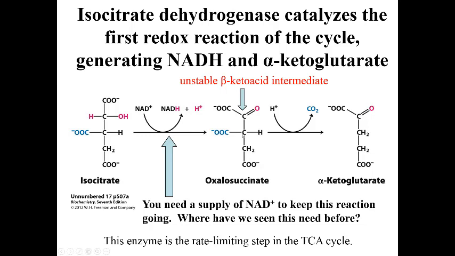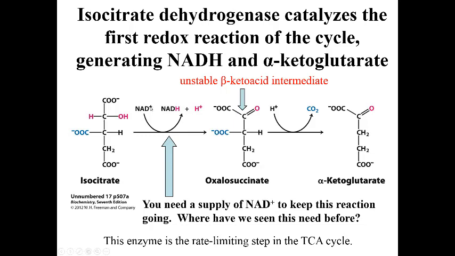Okay, so isocitrate dehydrogenase. Anything I need to say about this? Oh yeah. You've already seen a reaction that requires a steady supply of NAD plus to take place. In glycolysis, the reaction catalyzed by glyceraldehyde 3-phosphate dehydrogenase needs a steady supply of oxidized NAD plus to work.